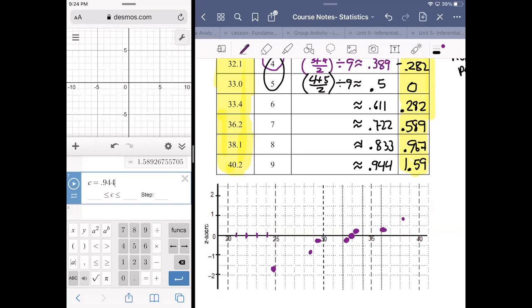I just got to kind of stab it. I just want to make the points a little bit more noticeable. 40 and change, and a little bit more than 1.5. So it's going to put me right about there. Now just be careful about the scaling, because I know I kind of lost track of it along the way, but I think I sort of picked it back up at the end.